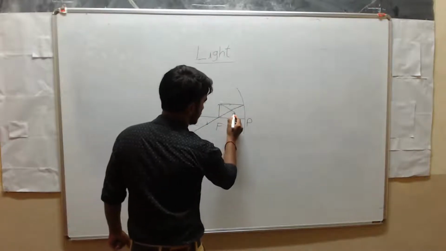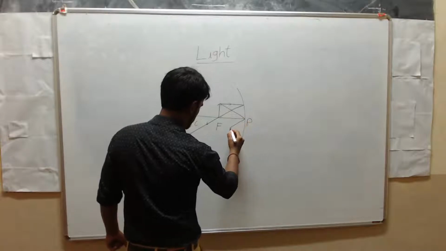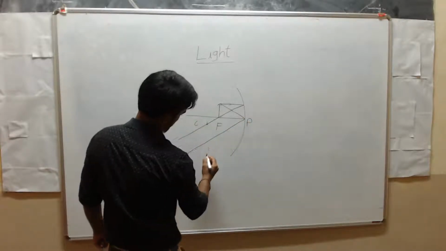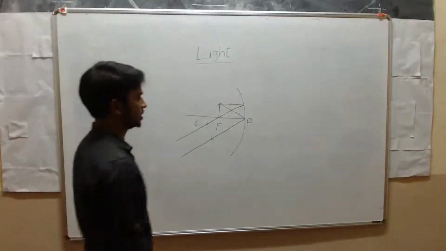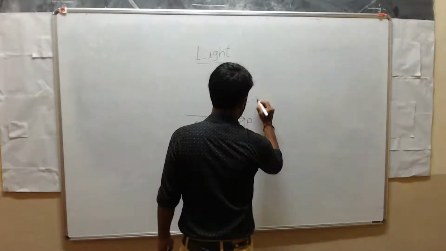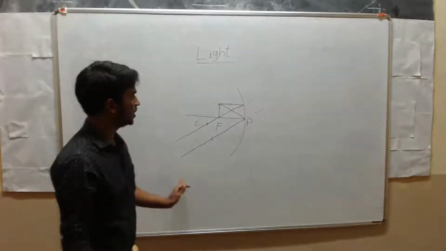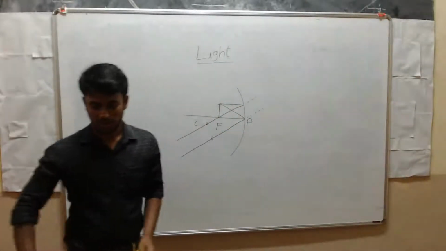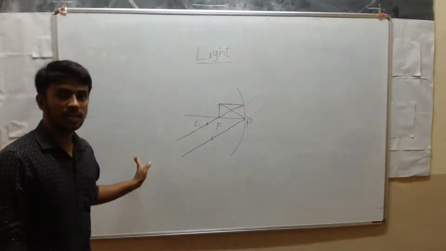Consider one more ray that passes through the pole of the mirror. Now these two rays are parallel to each other, on this side and behind the mirror also. So here we get the image at infinite distance.